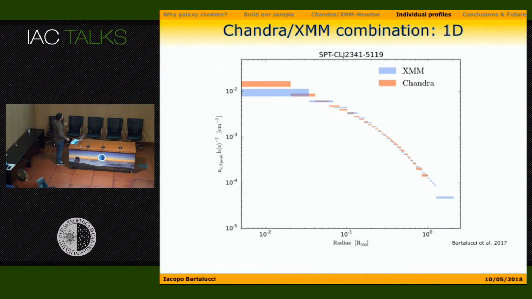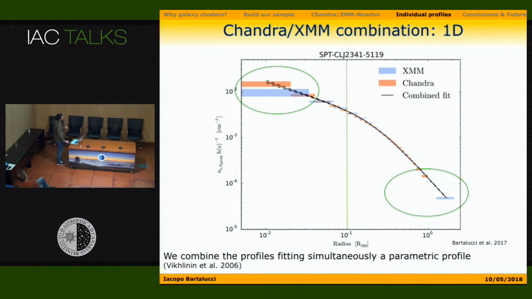So since there is a very good agreement between the two, we decided to fit the two density profiles using some very well-known models. In particular, we use the parametric model from Vikhlinin et al. 2006. And what you see here, which is really interesting, is that the fit of the density profile in the core is driven by Chandra, while the fit in the outskirts is driven by XMM-Newton.